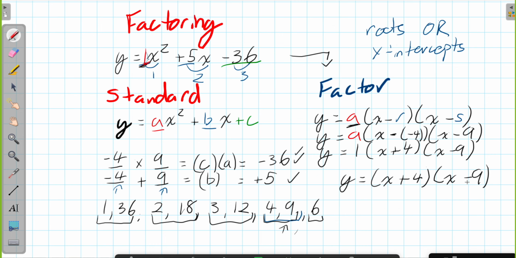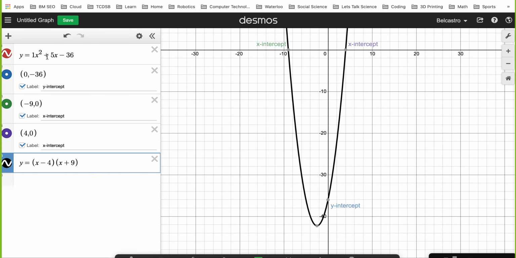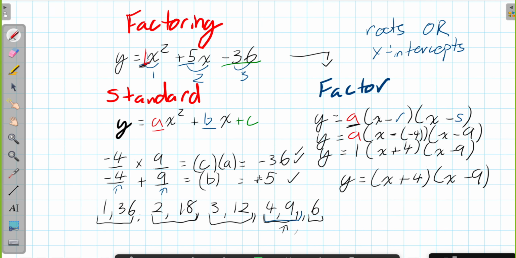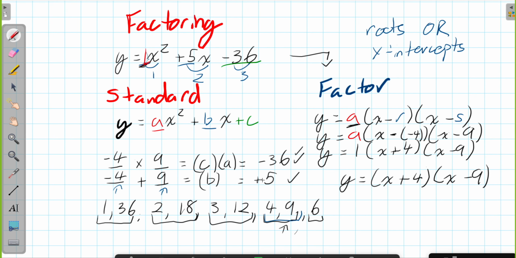Don't you flip the positive 5 to negative 5 or something? I don't know. Did I flip to negative 5? This is positive 5, right? No, I don't think I did. Do you flip it? No, it is the b value. You're looking for the b value here, and you're looking for a times c.